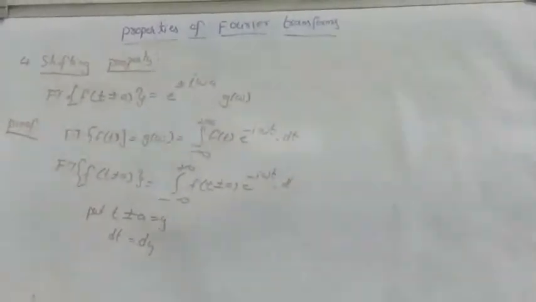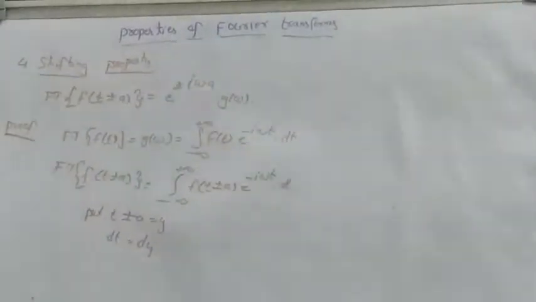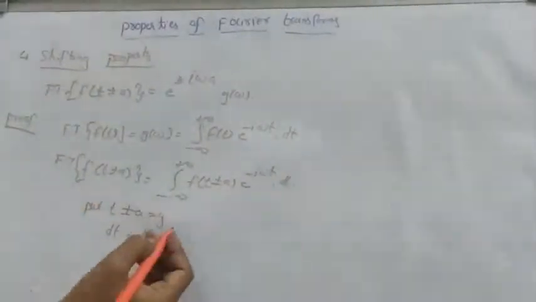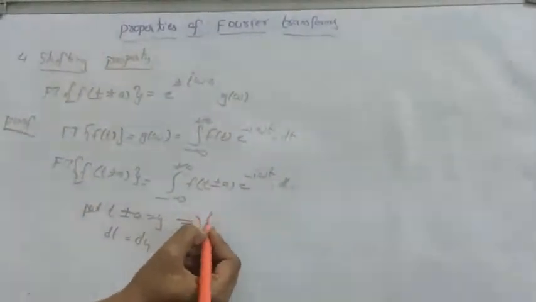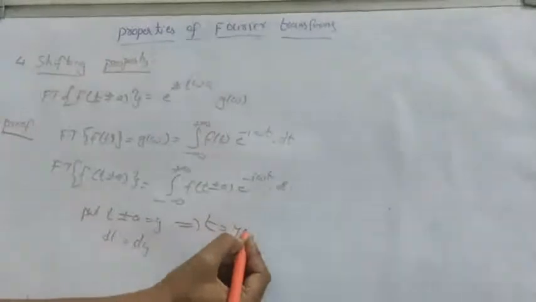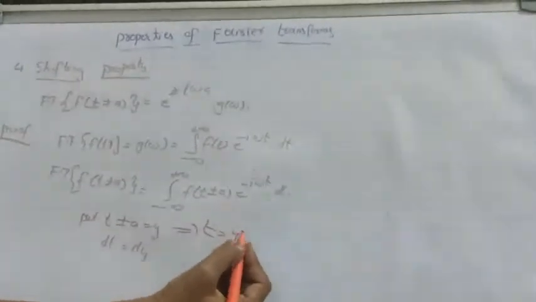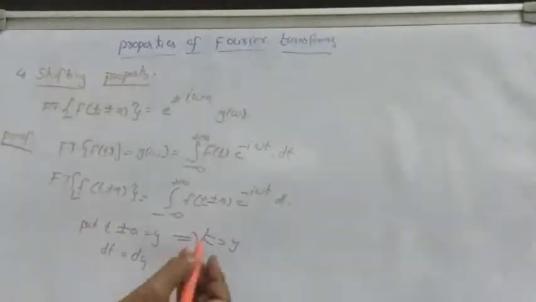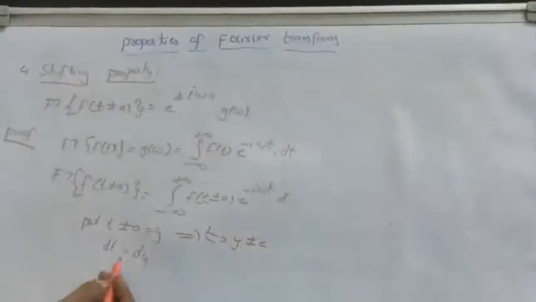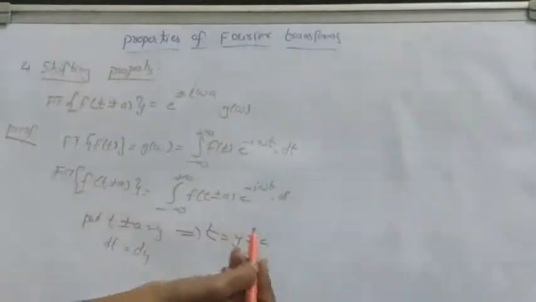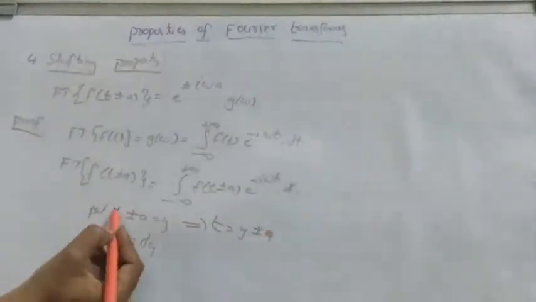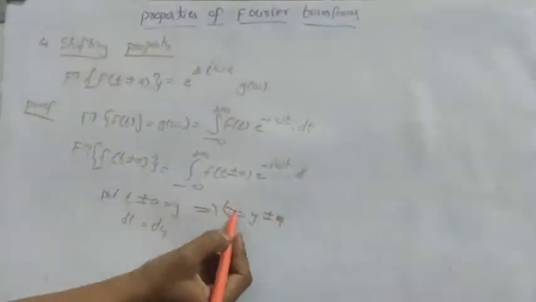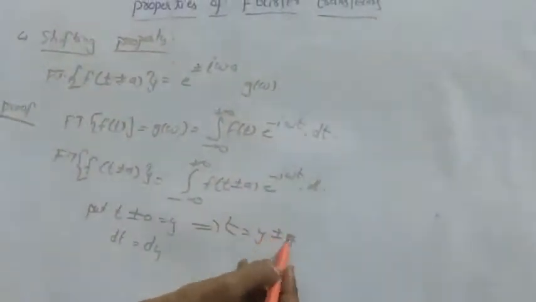Okay, dt is equal to dy. Now, from this, can you find the value of t? Yes, we can. t is equal to y minus or plus a. Just you send this term to the RHS. So, from that you can find the value of t. So, t is equal to y minus or plus a.